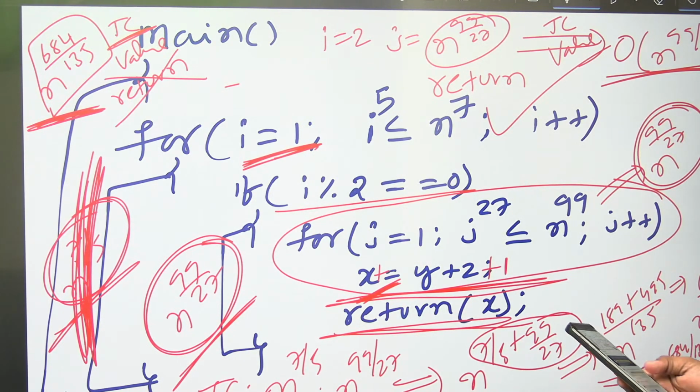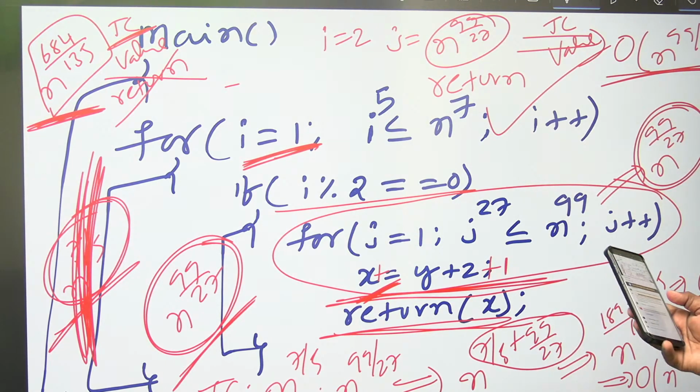So it's a very difficult question. Please be careful. There is a return. Return will do wonders. Without return, the answer is n power 684 by 135, value also, time also. With return, n power 99 by 27.